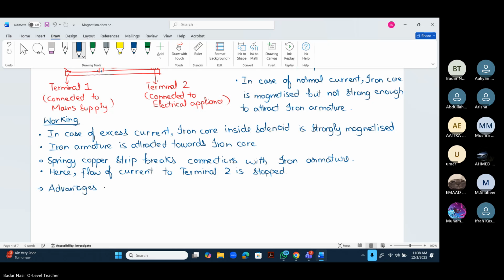advantages of circuit breaker over fuse.